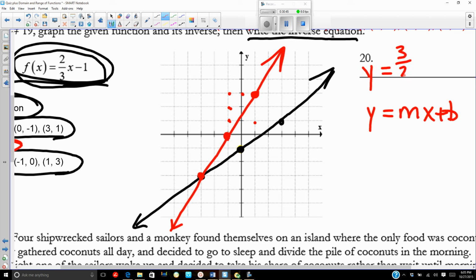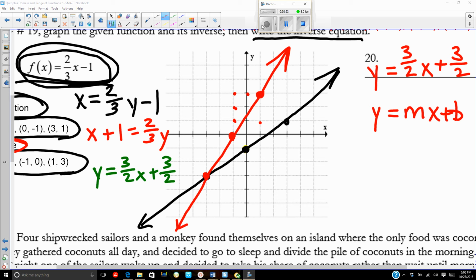The slope is 3 over 2. And the y-intercept, so y equals 3 over 2x plus 3 over 2. It's important to note that these 3 over 2's could also be 1.5's. To get this number, I actually did go back and found the inverse of this function by switching out the x and the y, then just solving it for y.